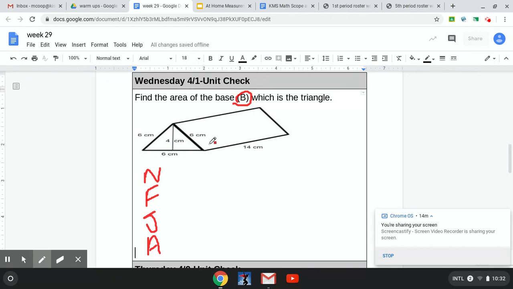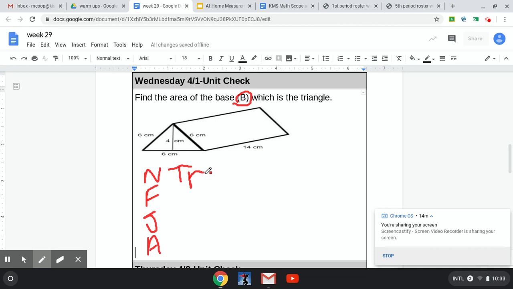This is a prism because it has two bases. They are opposite of each other. And even though right now it's laying down on a rectangle, if I look opposite, this is not a rectangle. So that cannot be its base. The base is a triangle because opposite is another triangle. So this is a triangular prism.